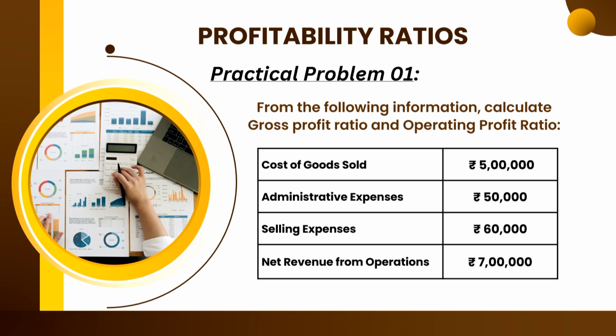To start with, the first problem is: from the following information, you are required to calculate gross profit ratio and operating profit ratio as per the information given.